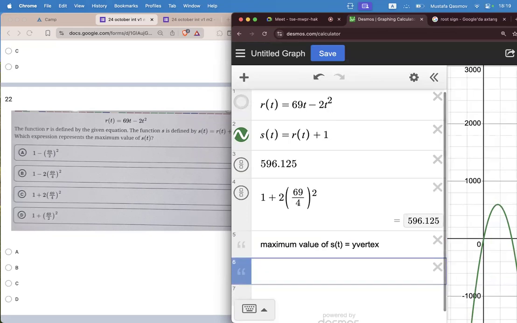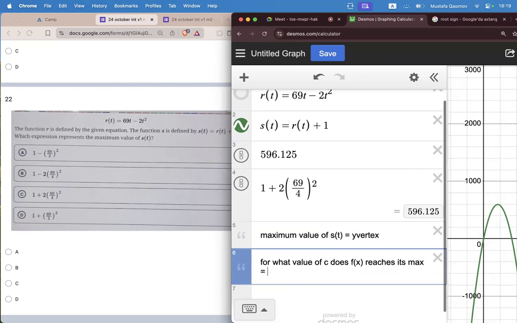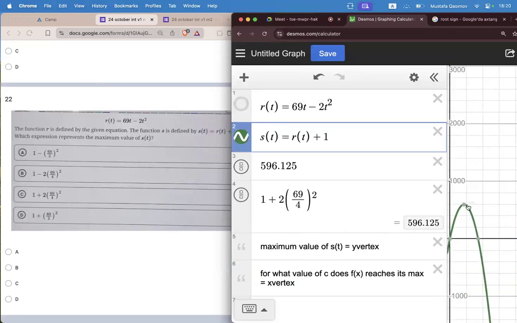But when it is asked like, for what value of x does f of x reach its minimum or maximum, then it is the x vertex. Because it's a maximum value, we have to take that one, right?